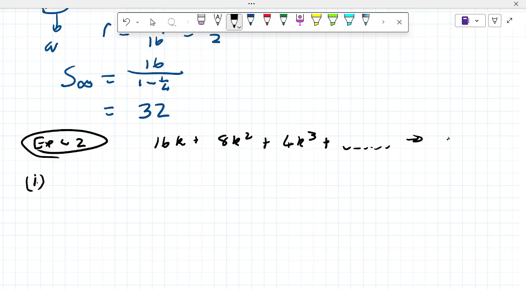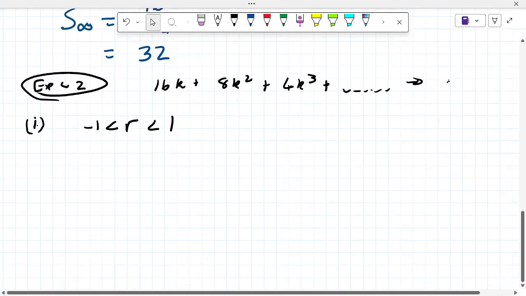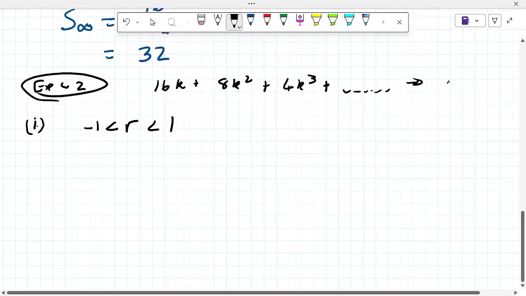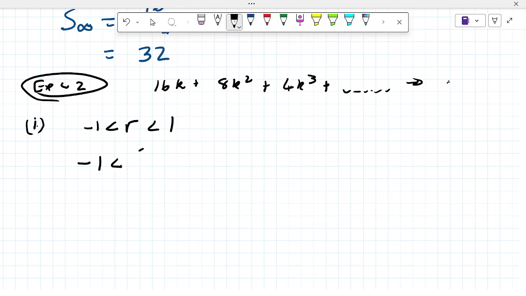Now, when will a series converge? A series will converge if R is greater than minus 1 and smaller than 1. So now I'm going to solve this inequality. Minus 1 is smaller than R, and this R is 8K squared divided by 16K, which must be smaller than 1.